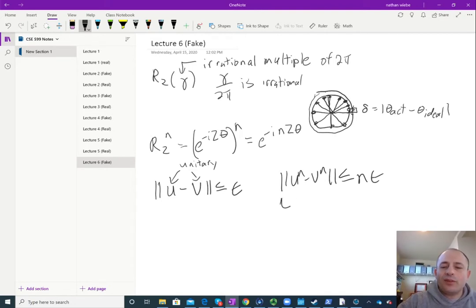What this means is that errors in the amplitude grow linearly.